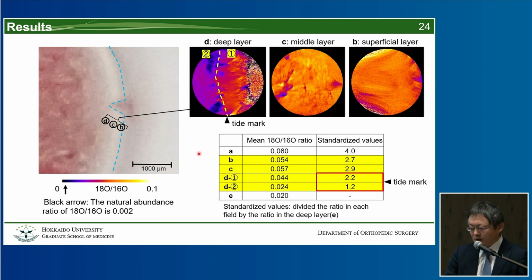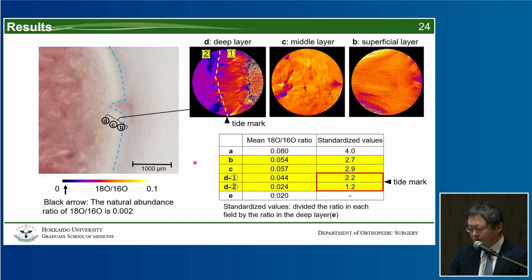Here are the other results of the superficial, intermediate, and deep layers a little bit away from the damaged area. The superficial and intermediate layers were about 3 times higher than the most distant area.